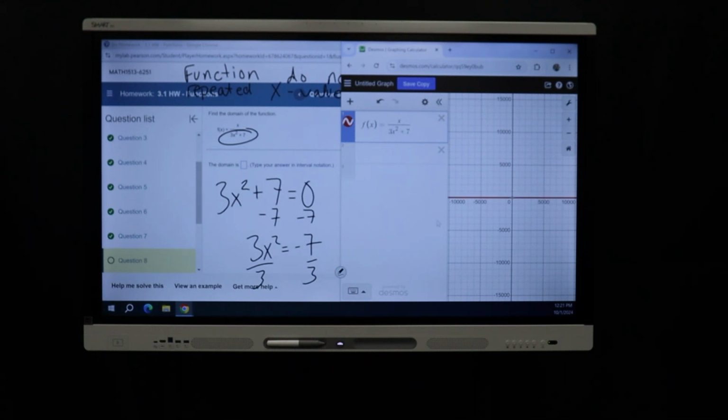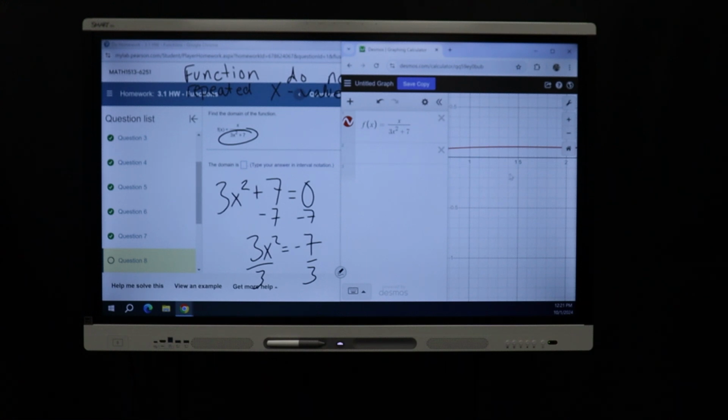Okay, now let's zoom in on this graph because I have it way zoomed out. So where I think there is a hole, 7 over 3 would be a little over 2. It would be like 2.33.